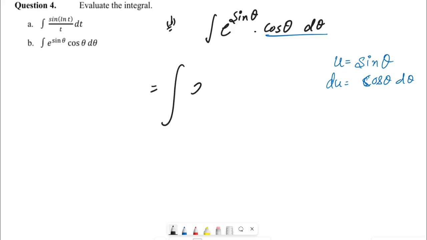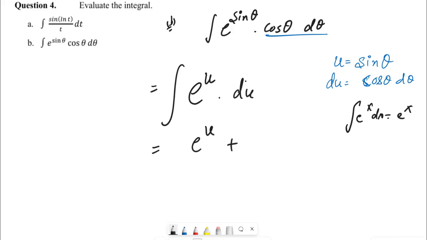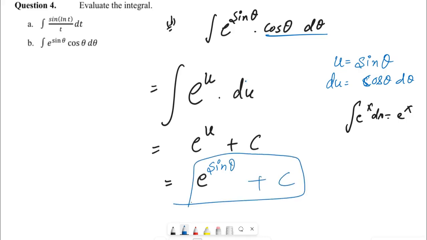So e to the sine theta is e to the u, cosine theta d theta is du. Integral of e to the power x dx is just e to the x. So here we will just have e to the u plus c. U is sine theta, so put it back, plus c. That is your answer.